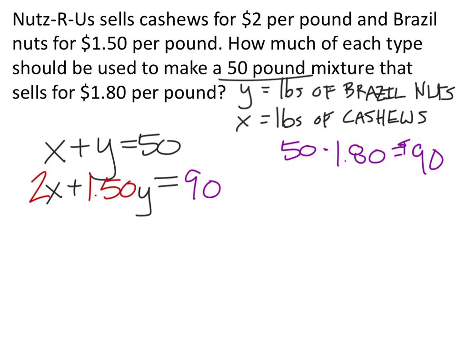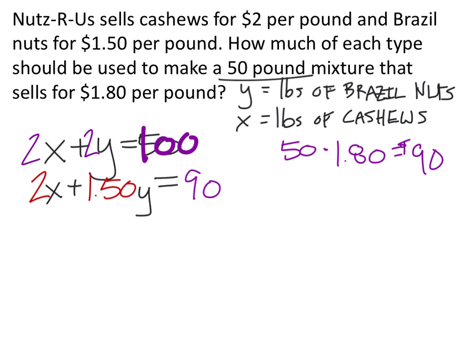Alright, from here the steps are pretty much the same. Let's go ahead and use the process of elimination though, just to change it up a little bit. You could use substitution, and the answer should be the same no matter which method you use. So in this one I'm going to multiply the top equation by 2 here, and then I would change that 50 now to 50 times 2 is 100 now.